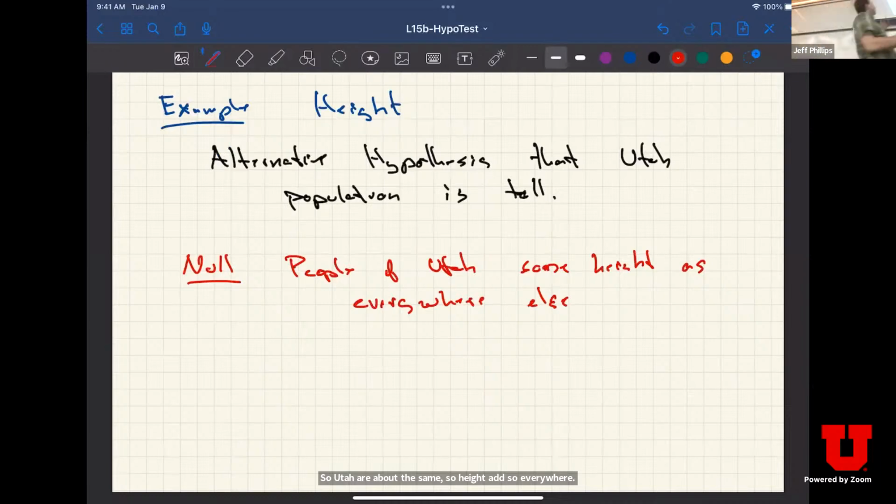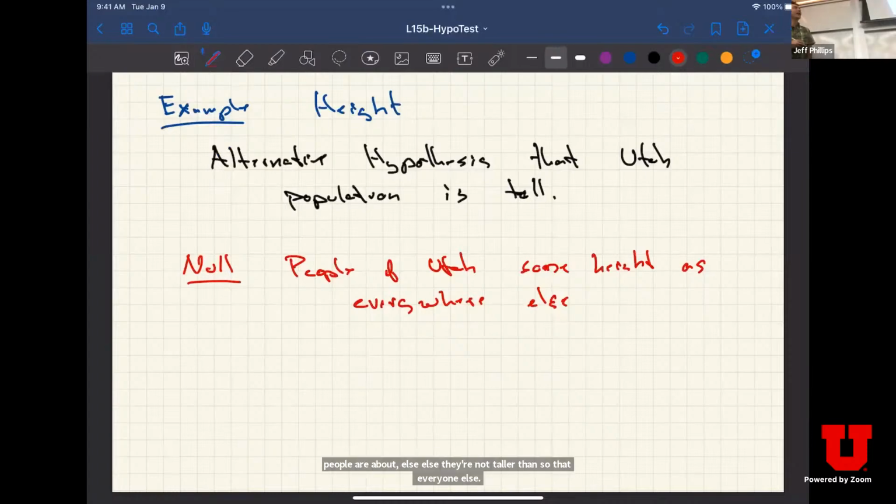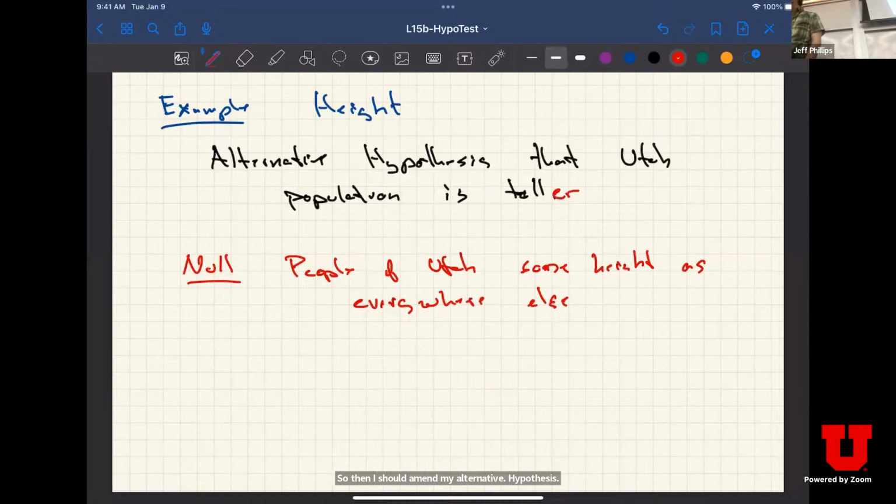Okay, so the null hypothesis is that Utah people are about the same as everywhere else. They're not taller than everywhere else. So then I should amend my alternative hypothesis, to say that Utah people are not just tall, but taller than average. Okay, so I don't just want to say they're tall, maybe they're taller relative to some sort of average, right?